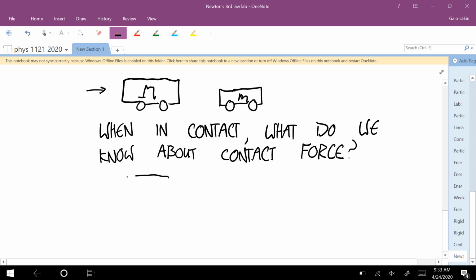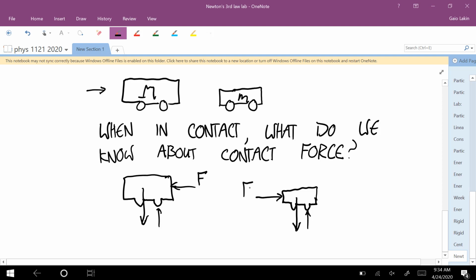Well, if you draw this free body diagram, you'd have a weight, you'd have a normal force, and you'd have some force F or R there. If you draw the free body diagram on the little one, you'd also have some weight, you'd also have some normal force, and then that contact force would be the same.